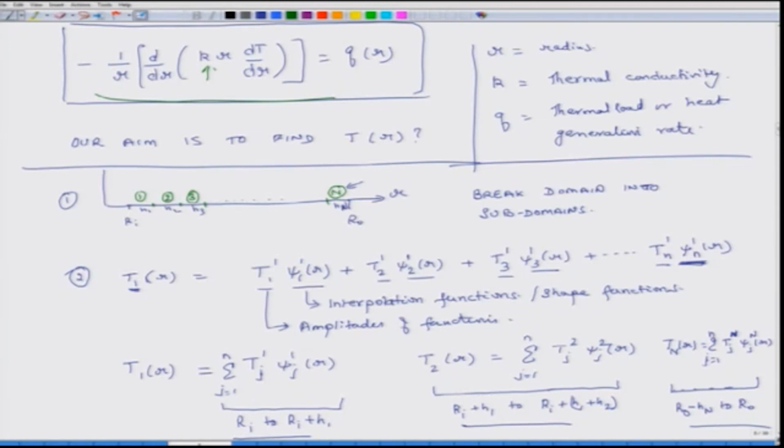I have captured the role of material property in my equation. Also, this is actually a heat transfer equation, so I have captured the overall physical phenomena. Material property is embedded in the matrix equation, and geometry is also captured in the matrix equation. Is this clear? What is it that we have not yet captured? There is one thing which we have not captured.